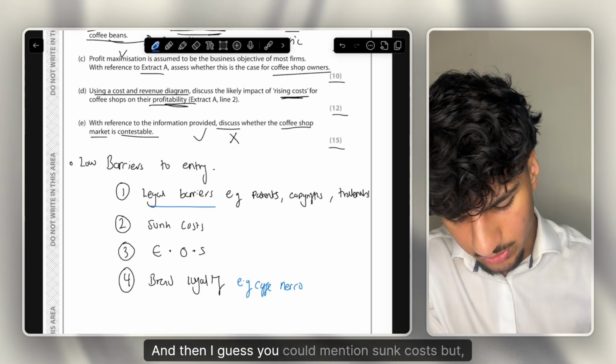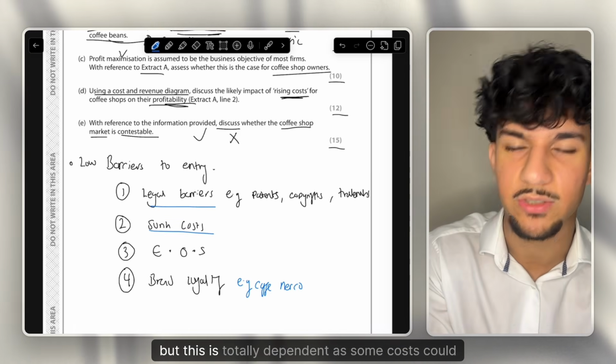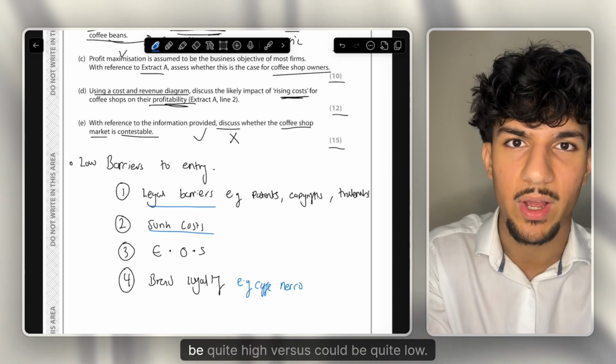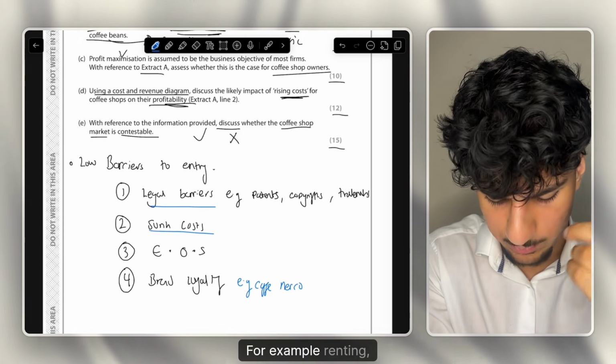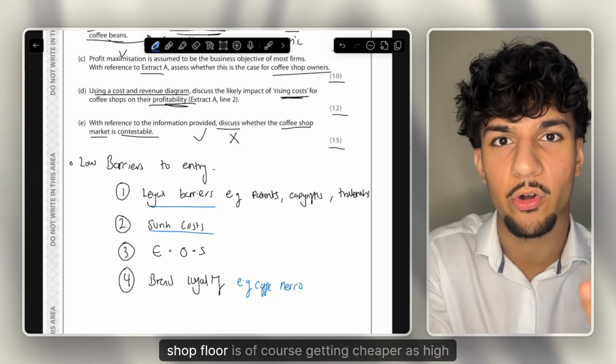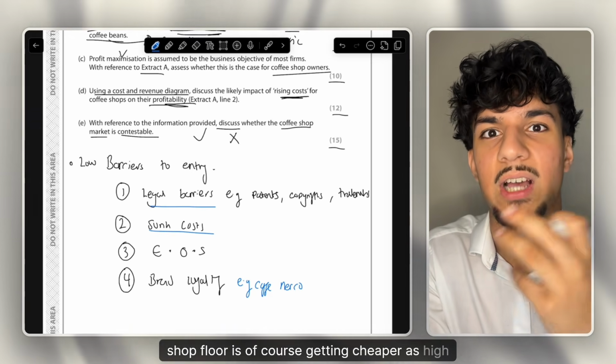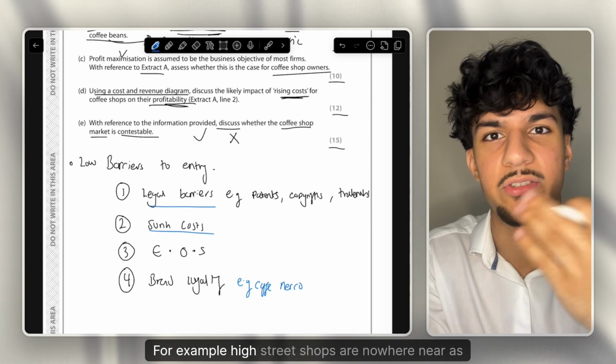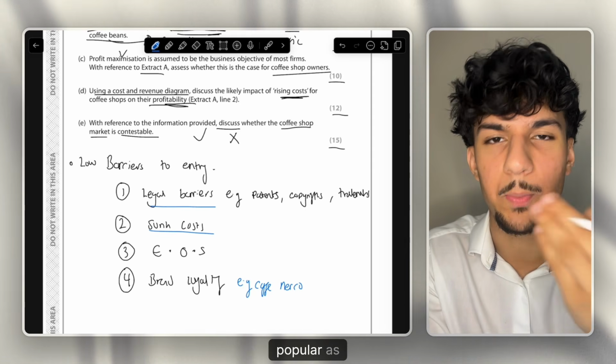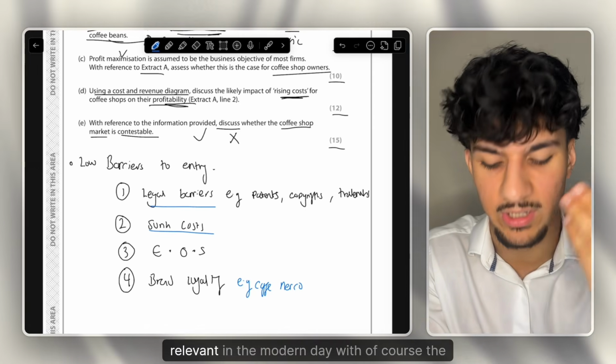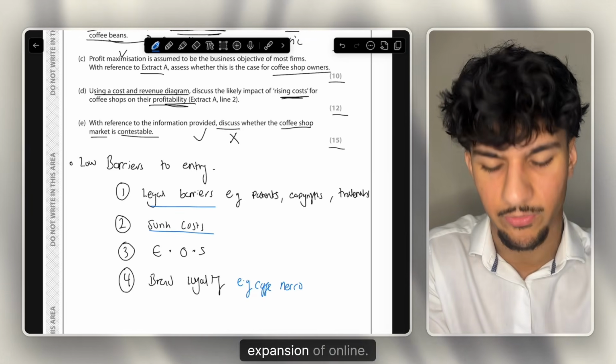And then I guess you could mention sunk costs. But this is totally dependent, as some costs could be quite high versus quite low. For example, renting a shop floor is of course getting cheaper as high streets are doing worse. High street shops are nowhere near as popular or relevant in the modern day with the expansion of online.